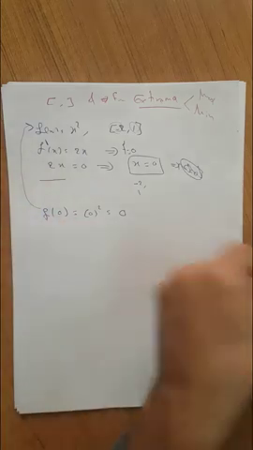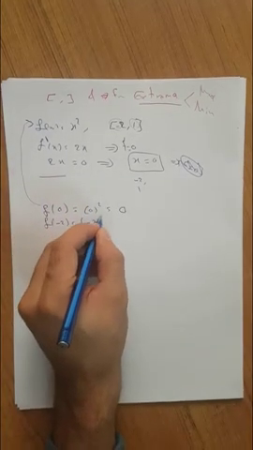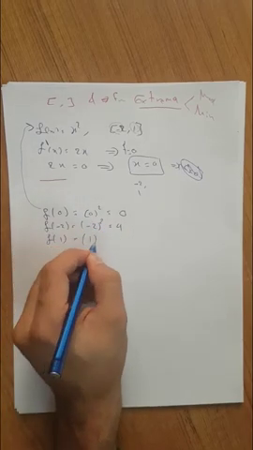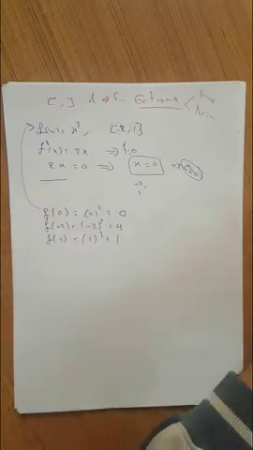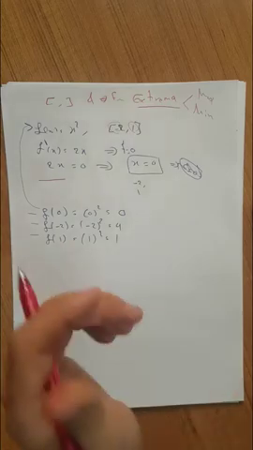Also we have two endpoints: f of -2 is equal to (-2) squared, equal to 4. Also f of 1 is equal to 1 squared, which is 1. Now list these values that you get.